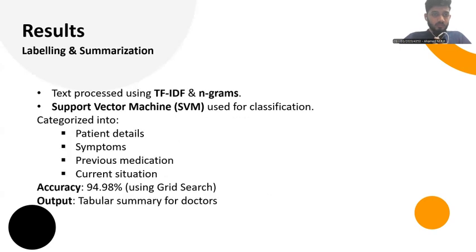The next one is labeling and summarization. They used TF-IDF with N-grams for processing text and SVM for the classification part. They categorized into patient details, symptoms, previous medications, and current situation as the categories of the summarized data.